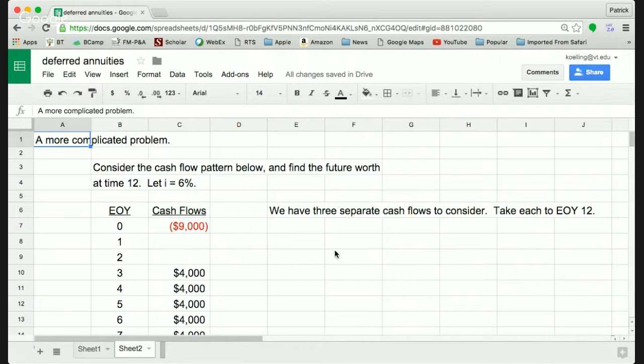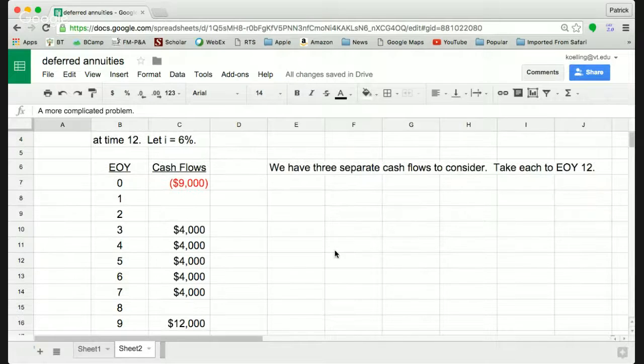We have 3 separate sets of cash flows to consider. We have the negative 9,000, we have the uniform series, and we have the 12,000. And we can take each one of those to the end of year 12. So let's first look at the initial time 0 cash flow, the negative $9,000.